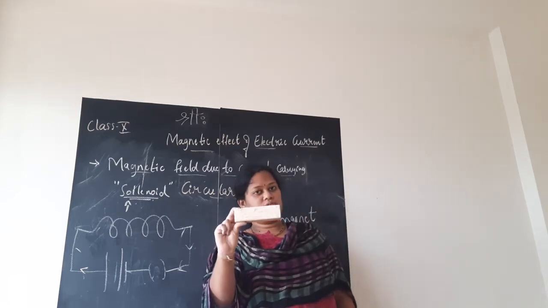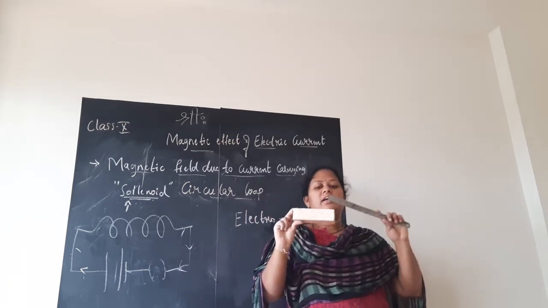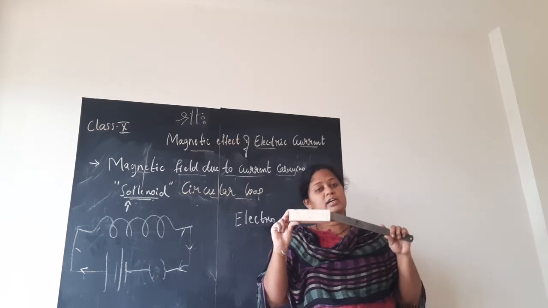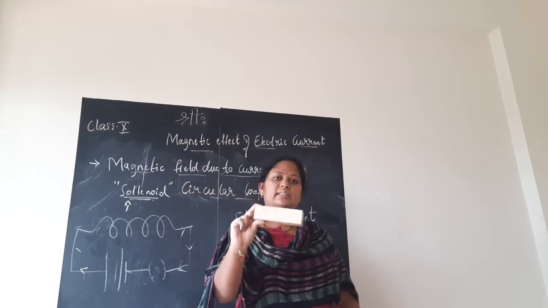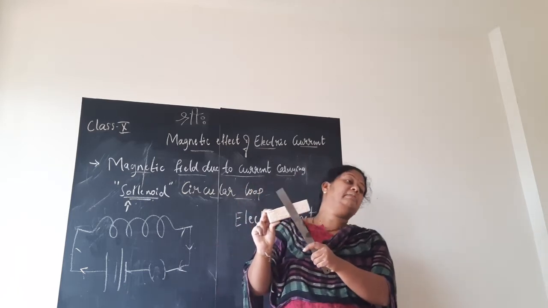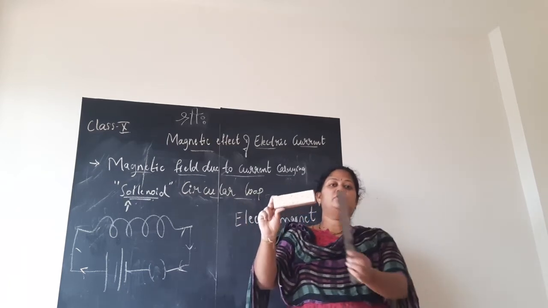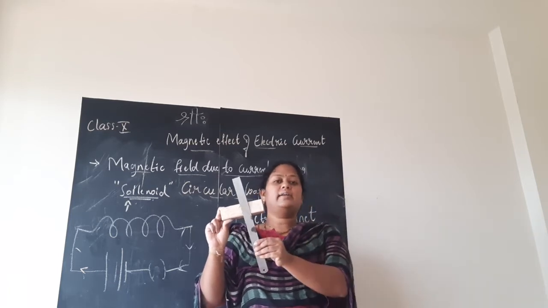I will pass the current through this iron core, soft iron core. We will consider an iron core. So when current is passed, it gets magnetized and it will act as a magnet. It will act as a magnet, which means of course it should attract my iron piece. So when current is passed through this, it gets magnetized and attracts the iron object towards it.